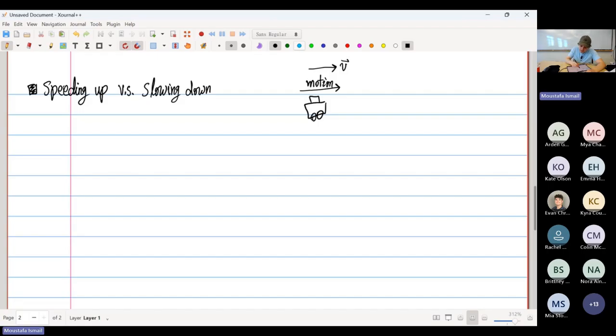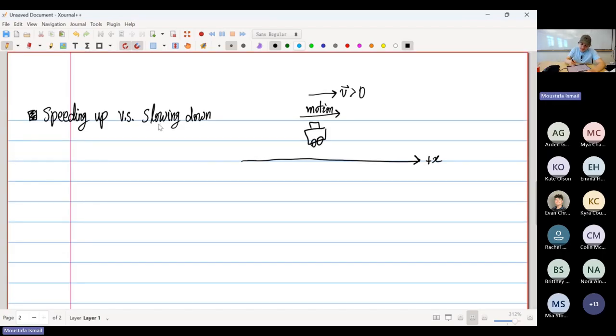So if we have a coordinate system that says positive is to the right, this is the positive x-axis, then this velocity will be positive because it points to the right. If you have the acceleration as well being to the right, then the acceleration is positive, and yes, you're speeding up.